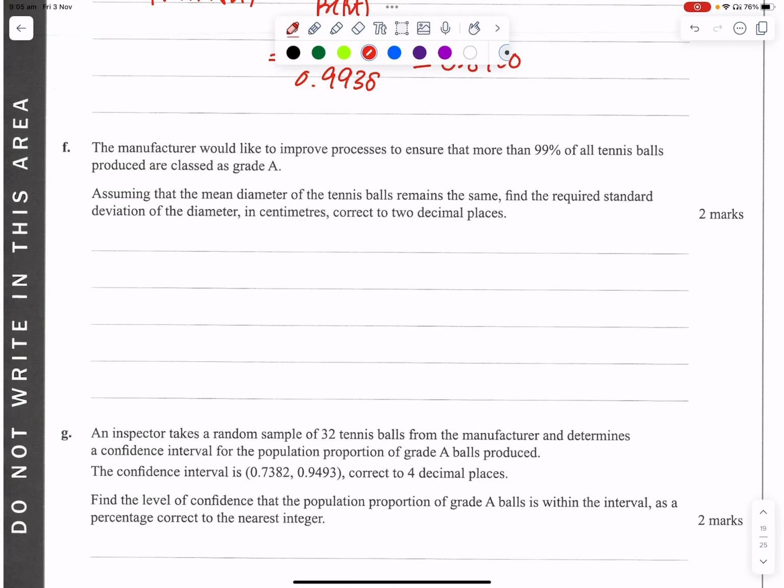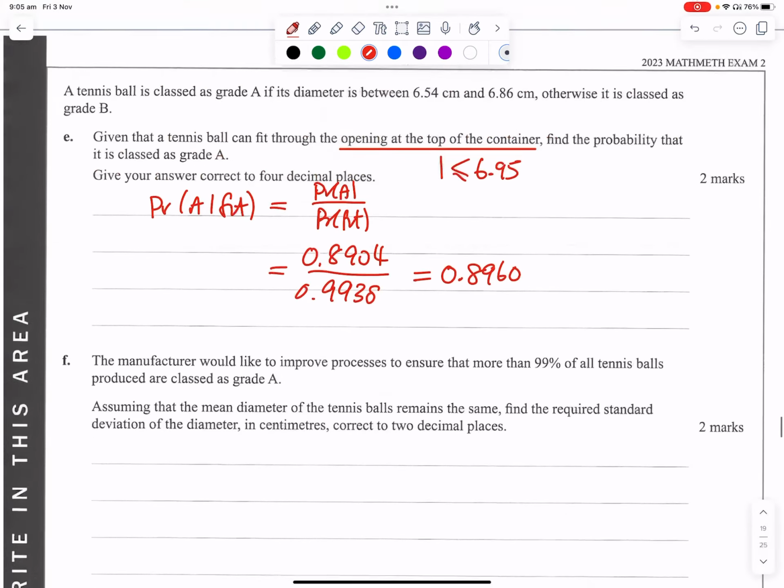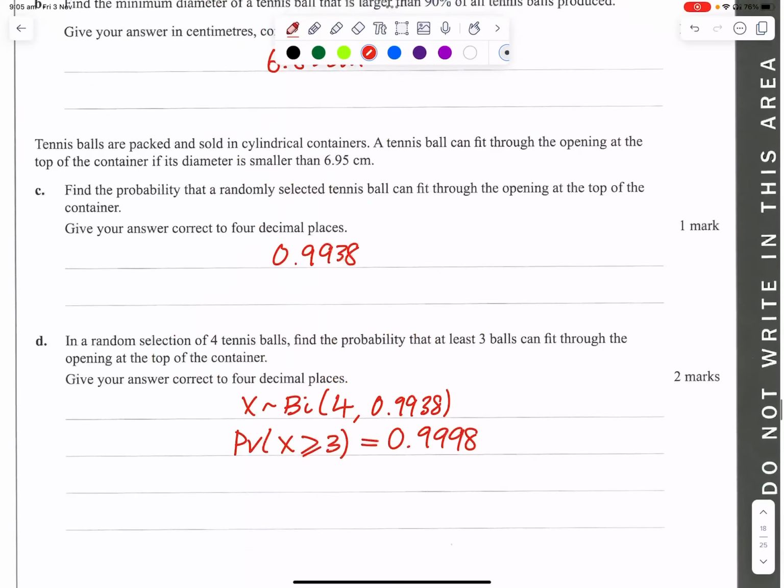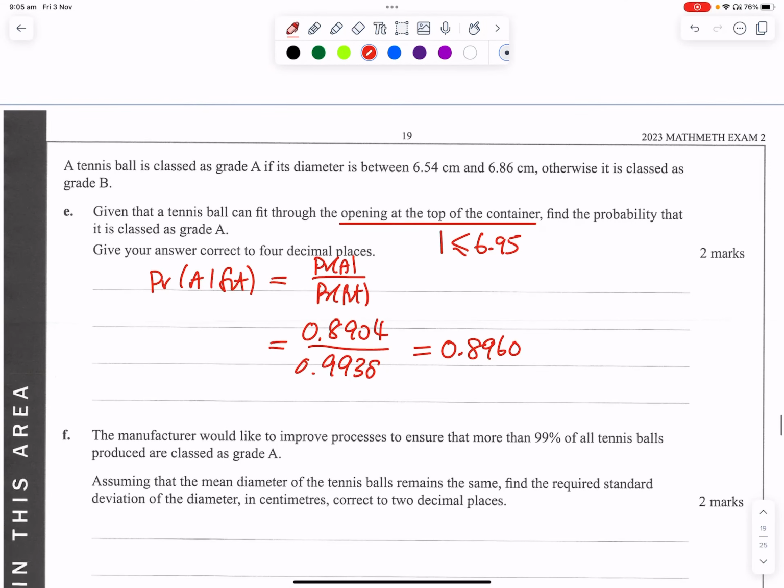Okay, the manufacturer would like to improve the processes to ensure that 99% of tennis balls are class A. Assuming that the mean diameter of a tennis ball remains the same, find the standard deviation. So, what's classed as grade A?